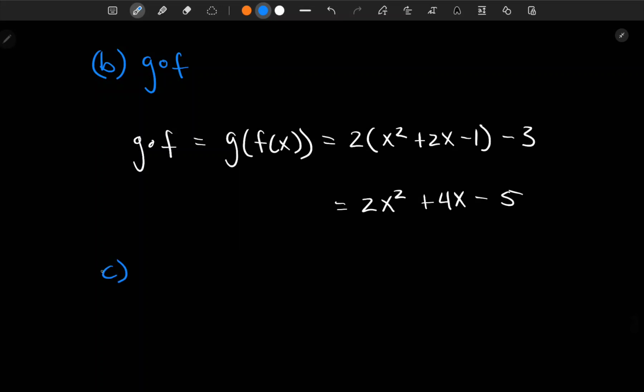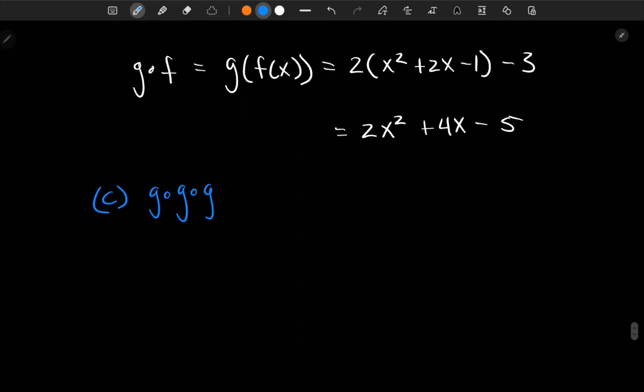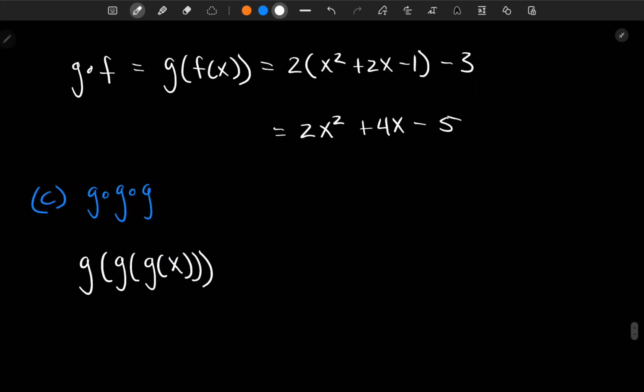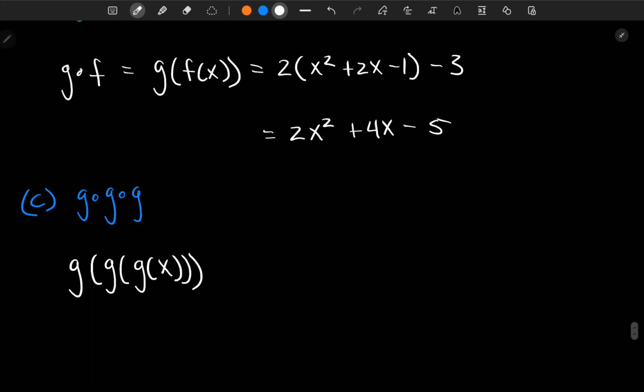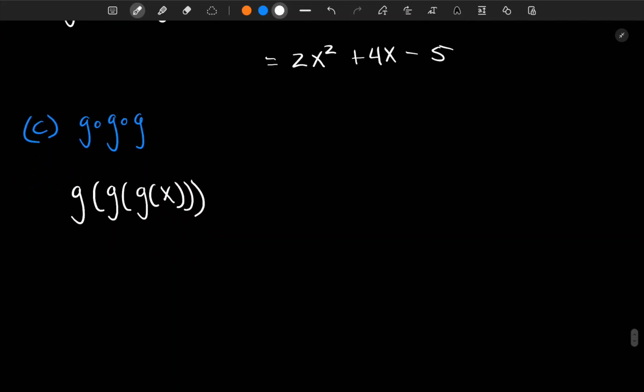Finally, we can consider a weird one, which would be, let's say, g of g of g. So this is really g of g of g of x. And we can write this out perfectly fine. So we begin one step at a time.